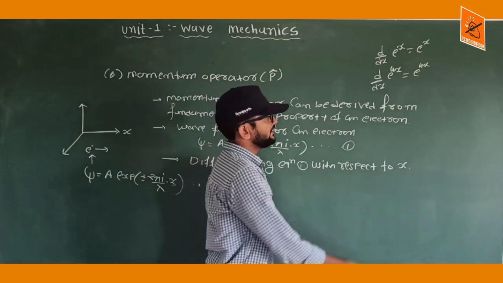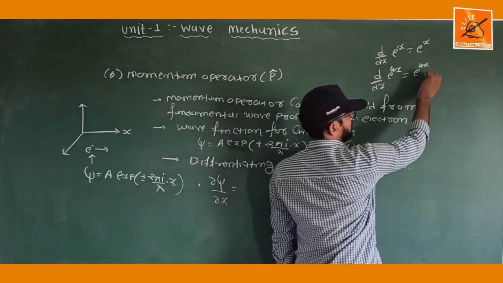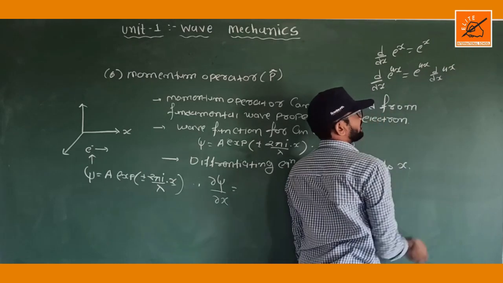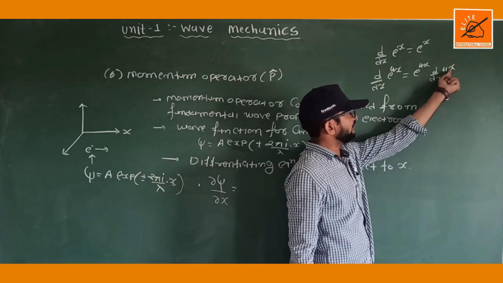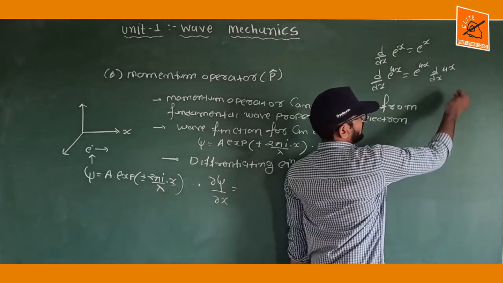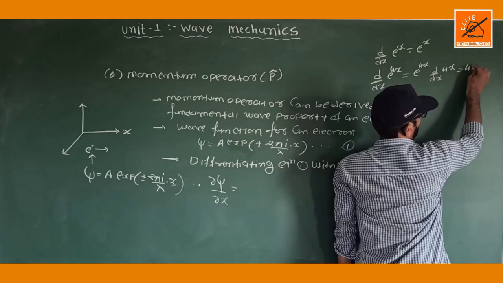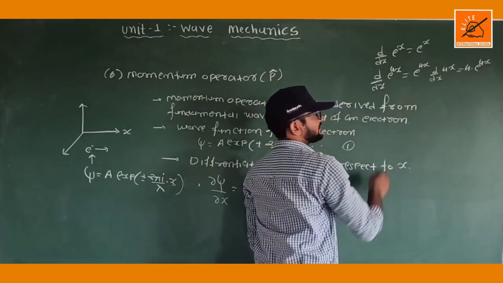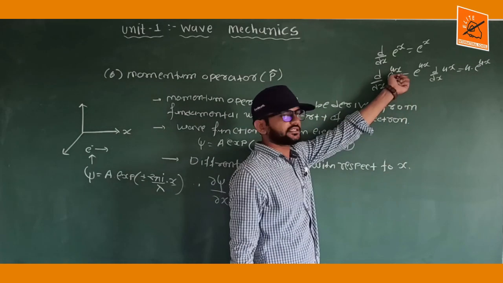but since the power is not exactly x, we differentiate the power also. It means d by dx of 4x. At that time 4 is constant, and d by dx of x is equal to 1. So the value is 4 into e raised to 4x. This is the generalized formula for differentiation of the exponential function.